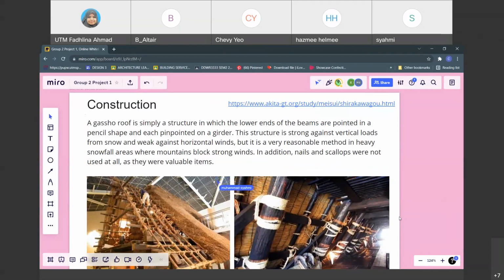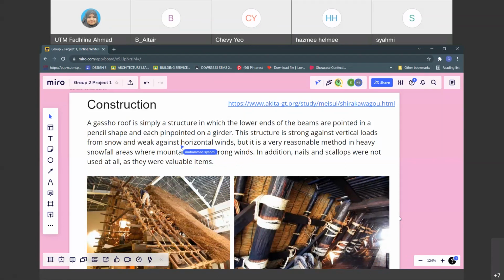Sorry, my internet problem. Is it lagging? Okay, please check whether this house is using this kind of roof.